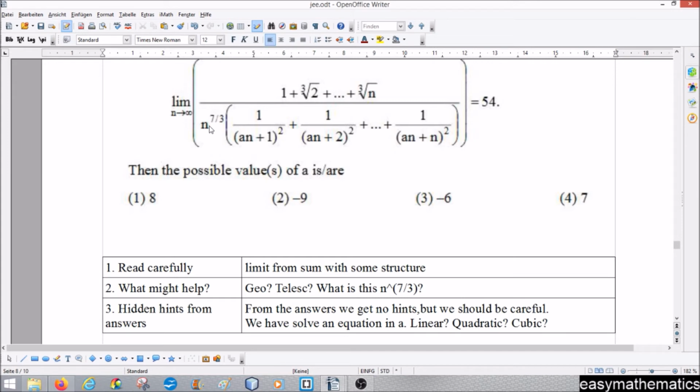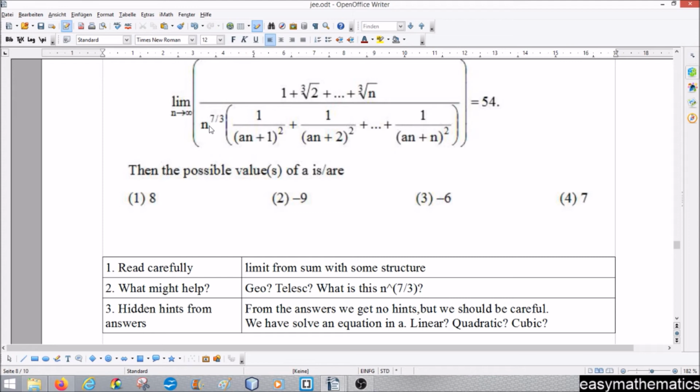And whenever you see such a sum and the geometric series is not helping, telescoping is not helping, think about Riemann summation. This is a good try, and we will see the question is very easy if we try the Riemann summation.